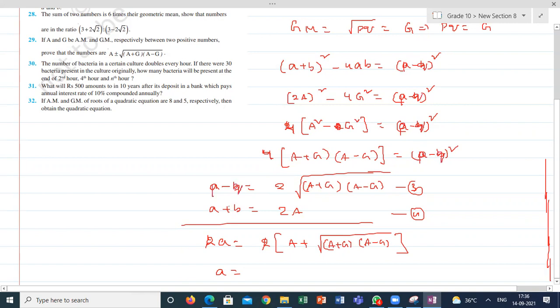So the value of p is A plus root of A plus G into A minus G.